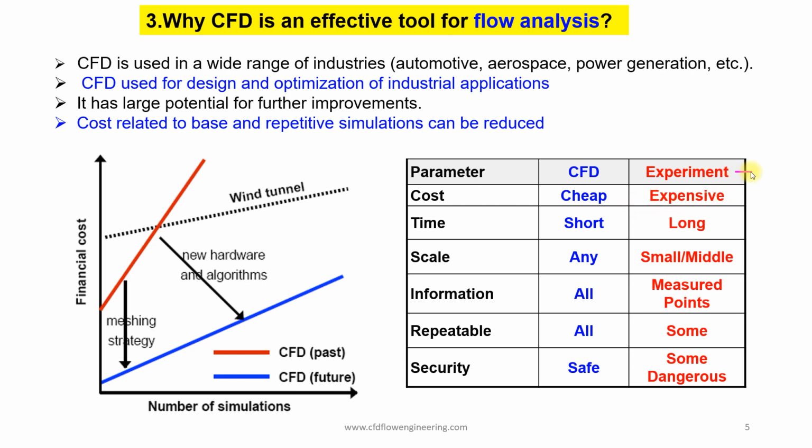But in experiment, it is not possible. We have to be there. CFD can be carried out at all scales of product, from millimeter to meter. Size can be from mm to 100 meters.